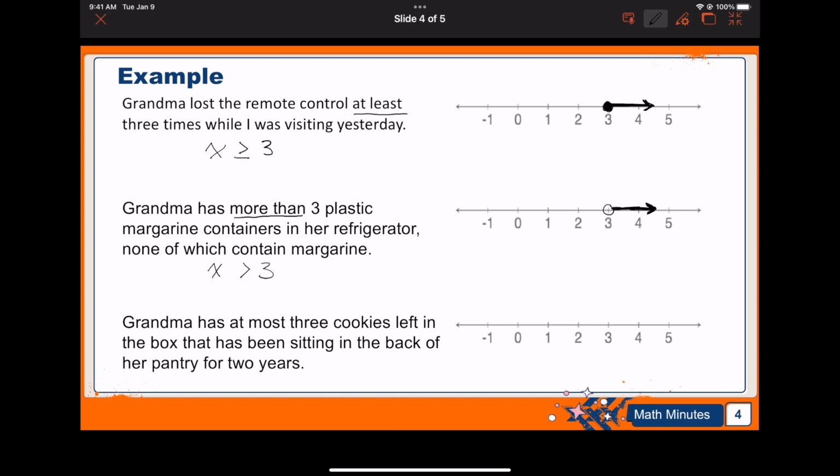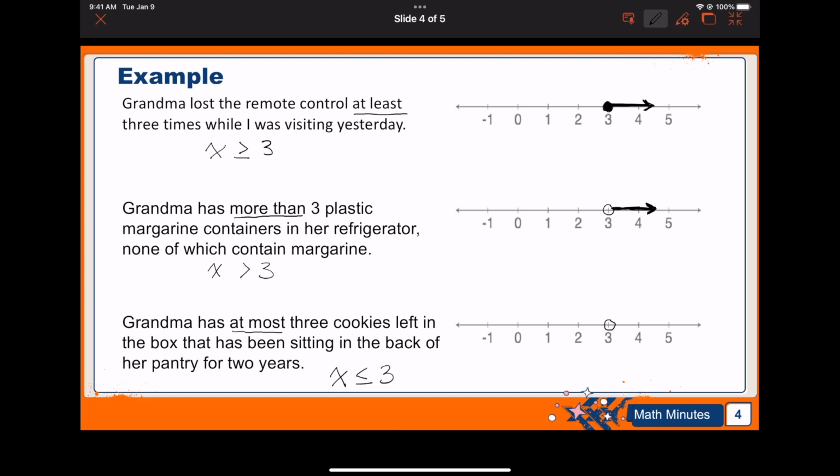They're still good. Okay, so because it's at most, that means x has to be less than or equal to 3. 3 is the highest it could be. It is at most 3, but it could be less than 3, right? So we're going to put a circle at 3 to show that that's the possible solution there.